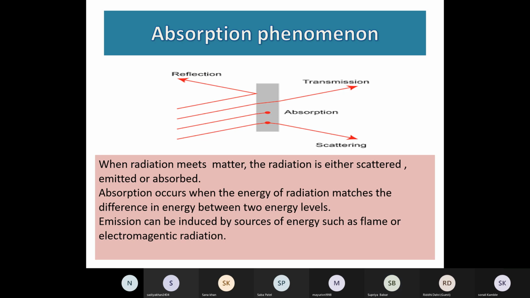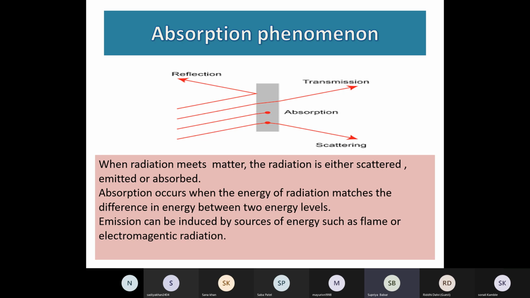Means this absorption process depends on what the structure of the molecule is. There are different types of molecules, so they have different structures.